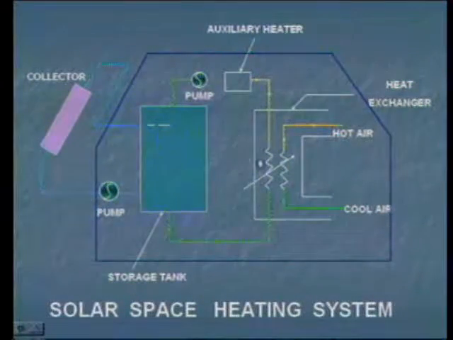Now we will go to active solar heating. In the case of active solar space heating, as we discussed, a separate medium is provided. Here this is a storage tank and flat plate collectors. From the storage tank, water enters the flat plate collector. The temperature will be increased, and that hot water once again enters the tank. The hot water is moving through the heat exchanger, and cold air comes in contact with the heat exchanger.